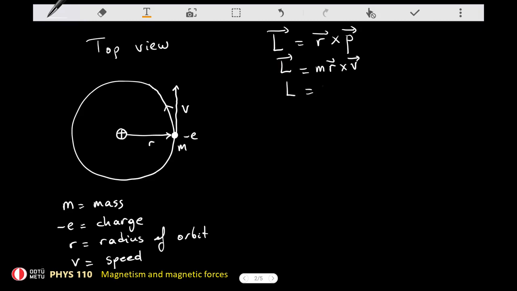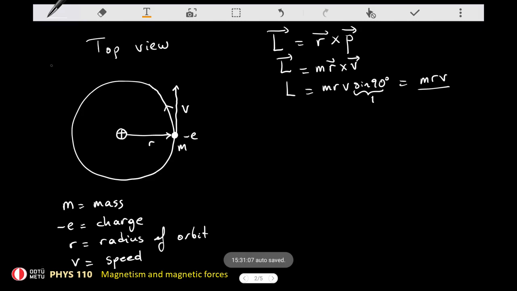I can express this in terms of the magnitude. Let's remember that in the cross product, we have these two vectors which make a 90-degree angle with each other. Since the sine of 90 degrees is equal to 1, the magnitude of the angular momentum vector is mrv. We say that the magnitude is mrv, and the direction is quite easy to see.